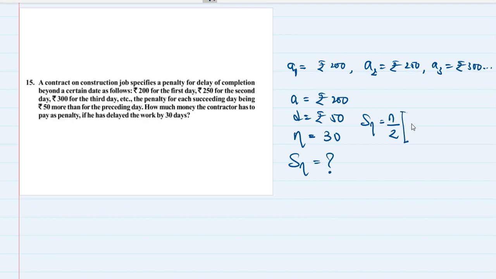Bracket 2a plus n minus 1 into d. N by 2 bracket 2a plus n minus 1 into d. Please solve it.